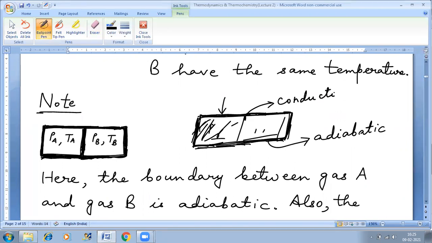Conducting in nature means that now heat can flow through this wall. So it's a conducting wall.